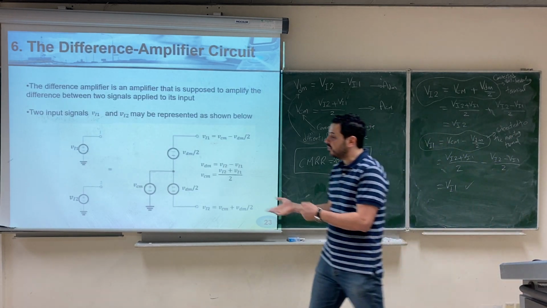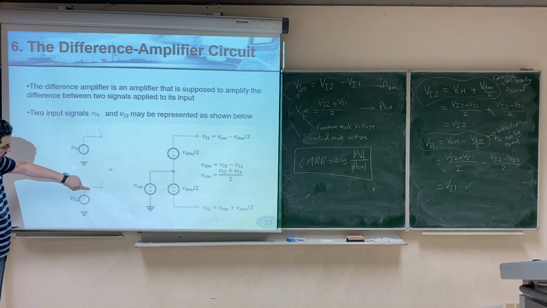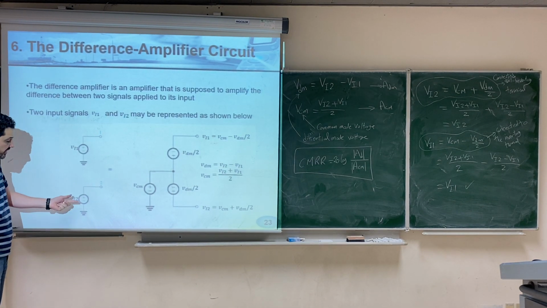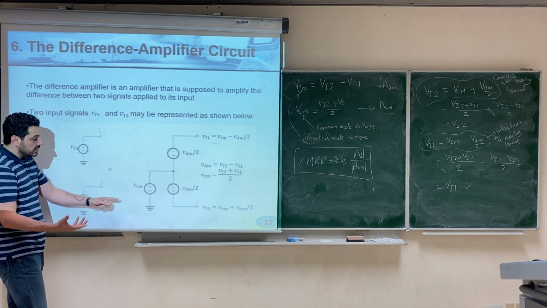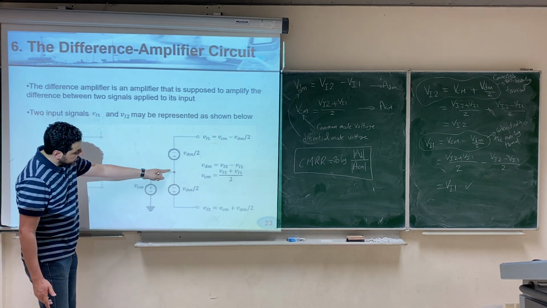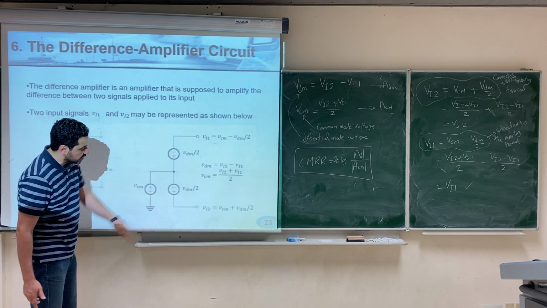And hence, if you have two sources, this source will be connected to the non-inverting terminal and this source will be connected to the inverting terminal. You can represent them as the following figure. A source with a value V common mode, and then another source here in the same direction, V differential mode over 2.